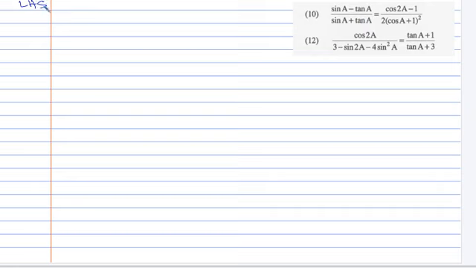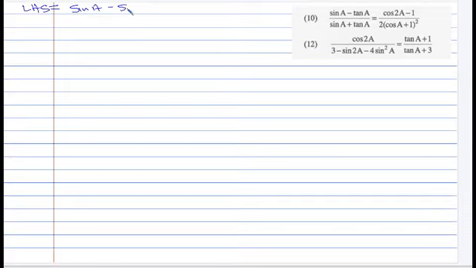Left hand side is equal to sin A minus tan A all over sin A plus tan A. When we are dealing with identities, you should remember this: replace tan A with the identity sin A over cos A. So this is sin A minus sin A over cos A. This is all over, it's the same.